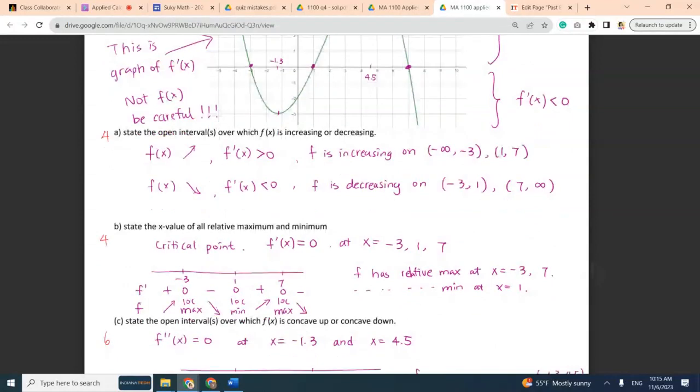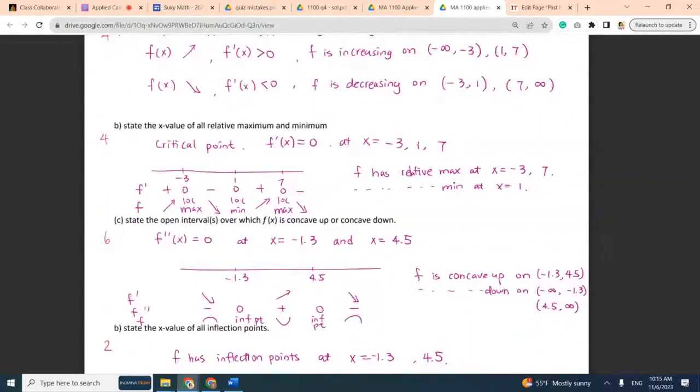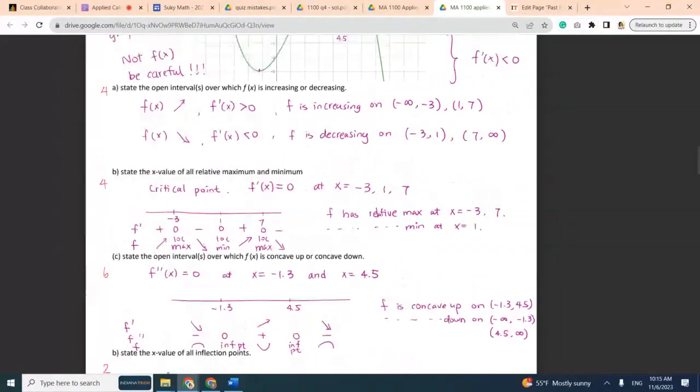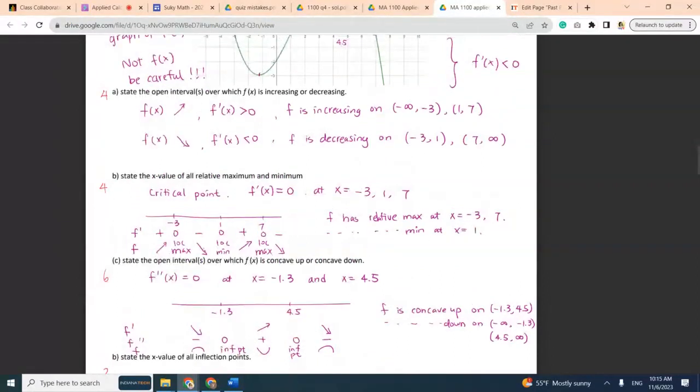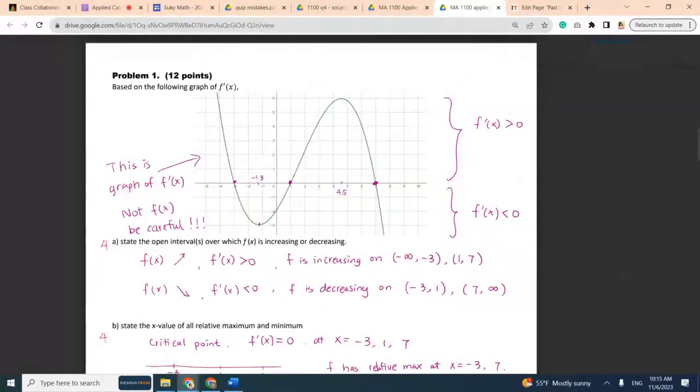And state the intervals where f is concave up or concave down. Remember, concave up and concave down is about the second derivative. The second derivative is the derivative of the first derivative, which means it is 0 where the slope of f prime is 0.